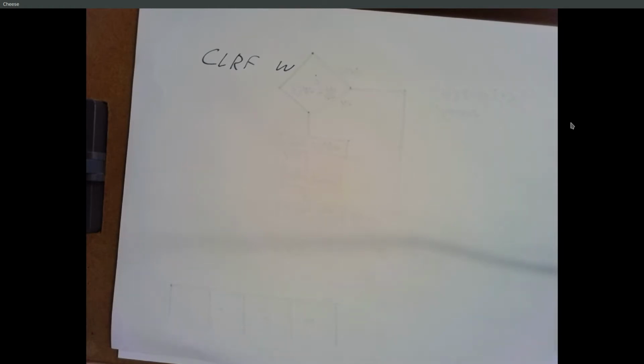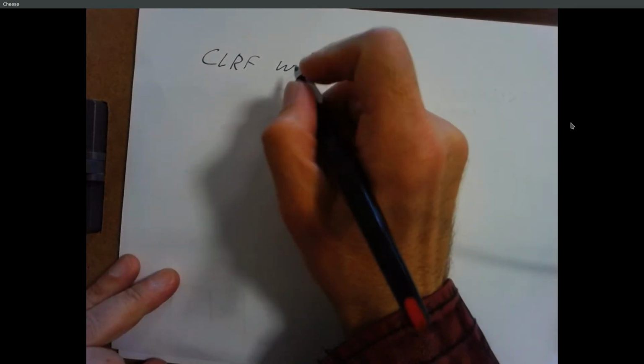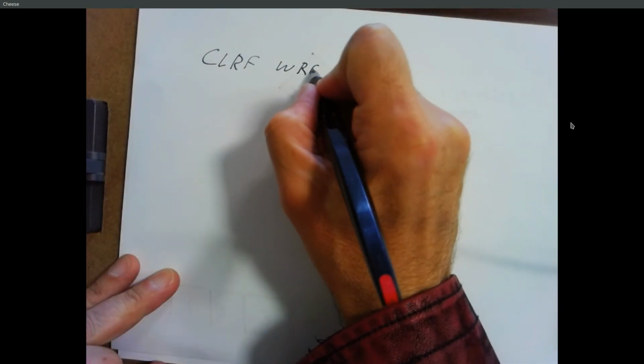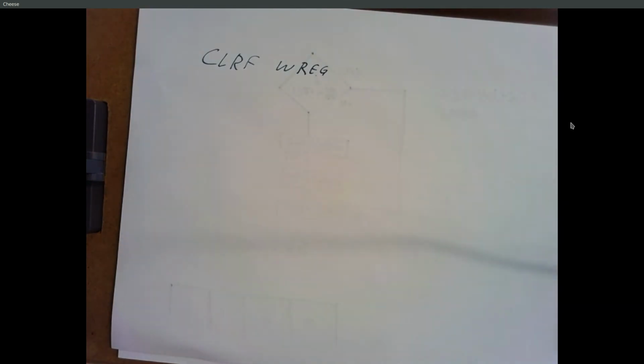W is a symbol which is set EQU to 0. So ClearF W will actually clear file register 0, which is usually not what you're after. If you want to actually clear the W register, you can say ClearF WReg. WReg is the official name of the file register that corresponds to the W register.